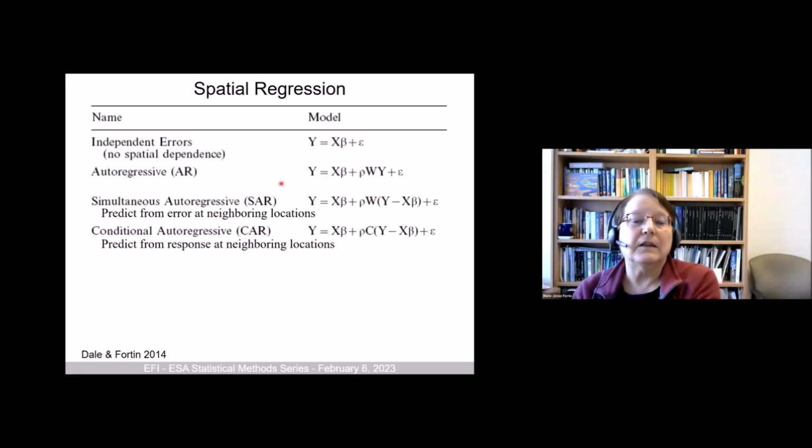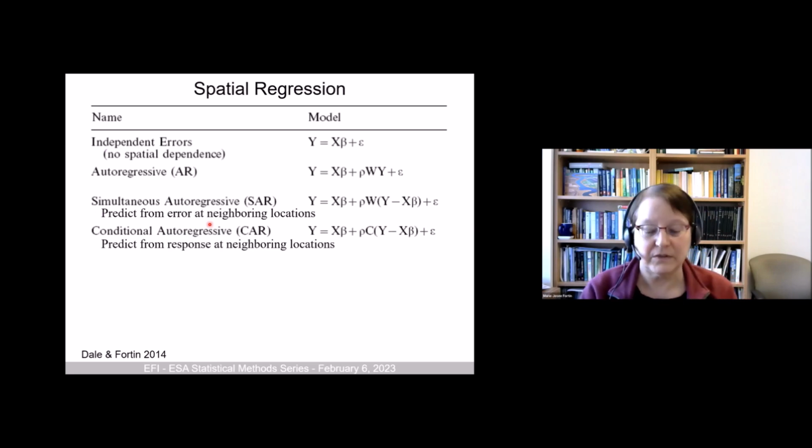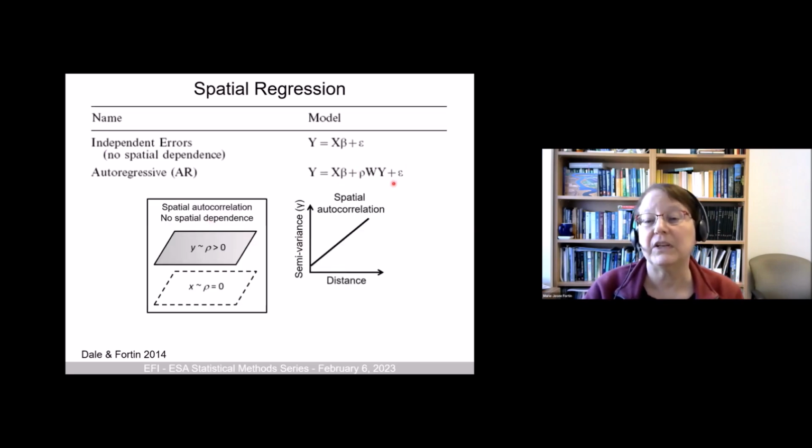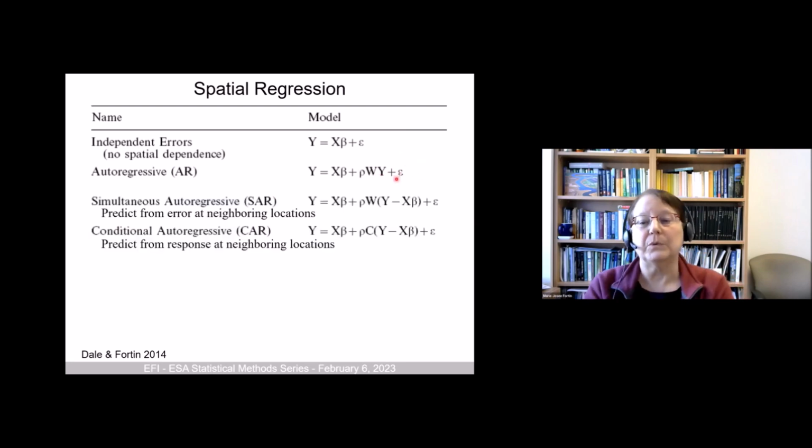And this is a case where the error is accounted for by the neighborhood structure, versus the conditional autoregressive model, where it is the response variable that has some kind of effect. So this response variable would be here, and the error could also be autocorrelated.